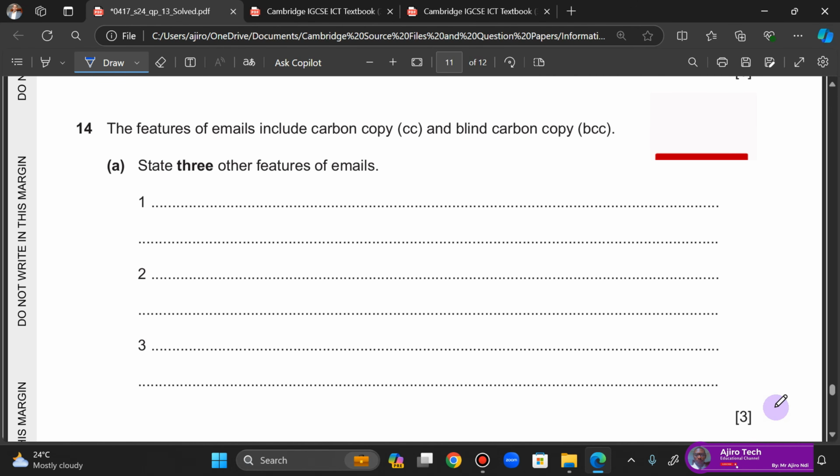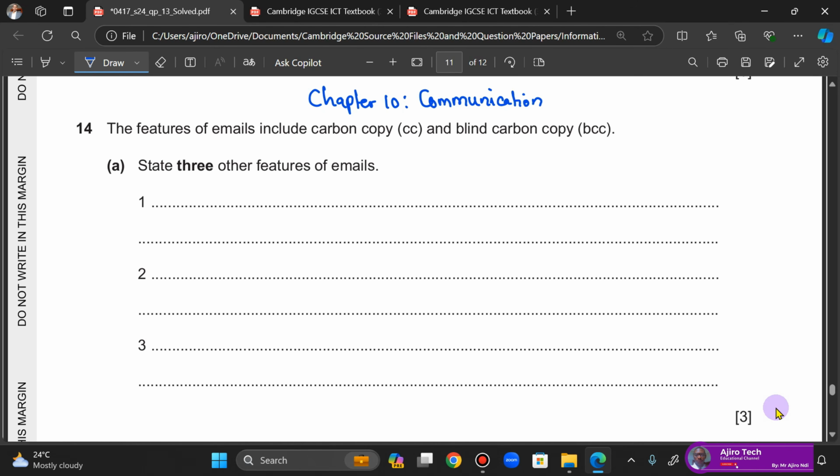All right. So final question, question 14. The features of emails include carbon copy and blind carbon copy. You will see this in chapter 10, Communication.